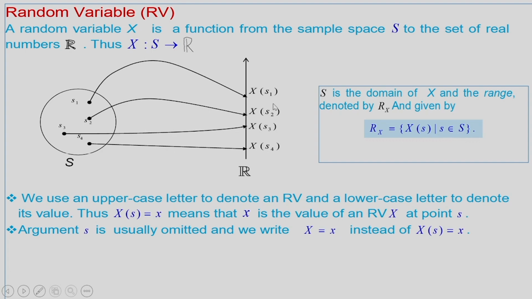So, those points on R which have a corresponding point in S constitute the range. So, we know the domain is S, range is Rx which is a subset of R.